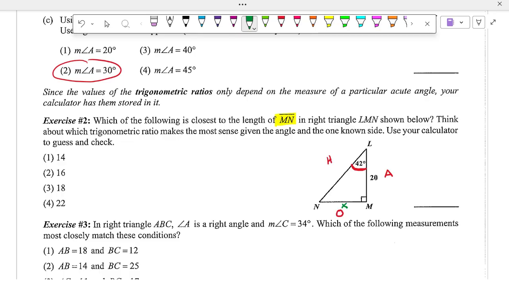Now, this is where you have to decide which ratio makes the most sense to use. So, let me ask you this. Given the sides that I have given, including the one we marked X, so we have LM and MN, and look what they're marked as. Which trig ratio would make the most sense to use?